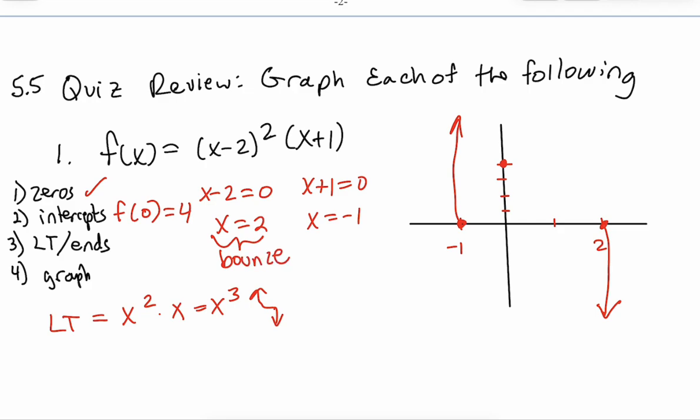Does that sound right? A bounce at 2, and we're going to go through -1. But I'm a little confused about my 4. Let's see. Do I get 4? If you plug in 0, I get -2 squared times 1.